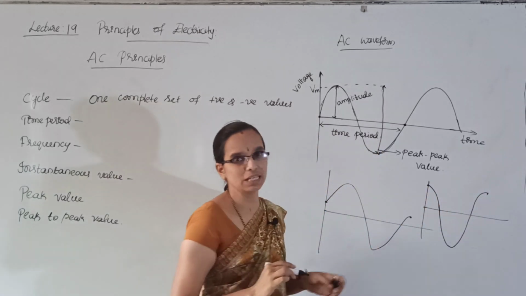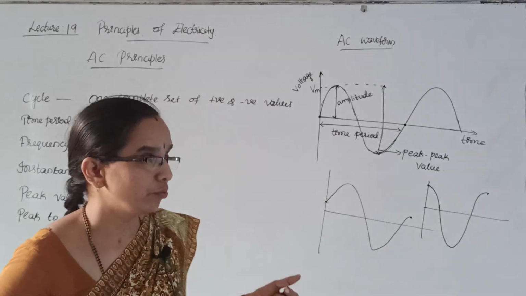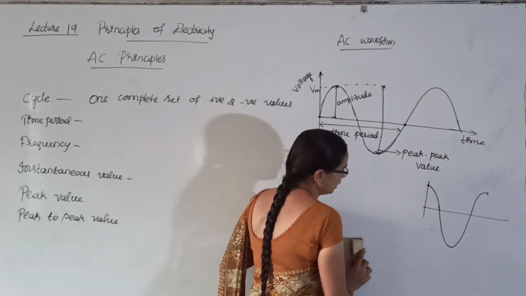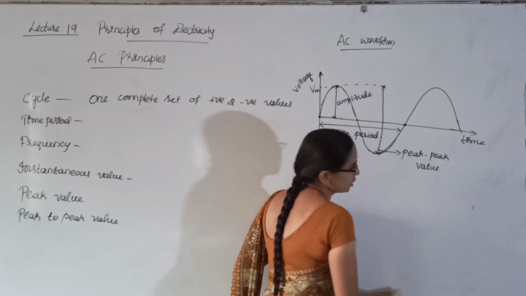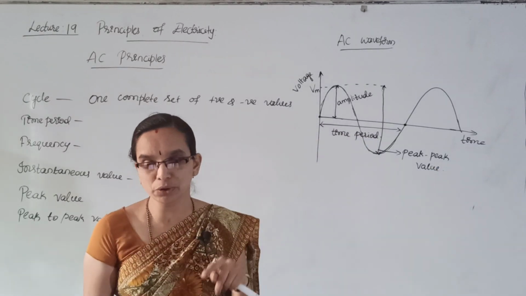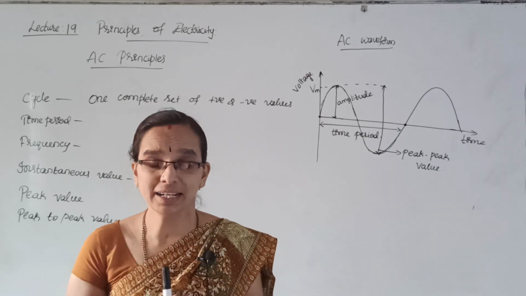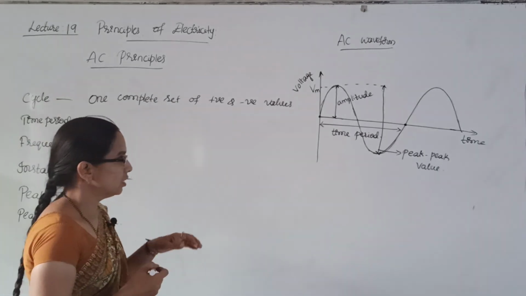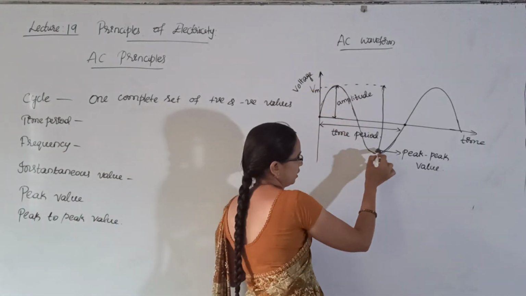This completes one cycle. You start from whichever point, it should complete the positive values, again reach 0, go to the negative peak and come back to the 0th position. So, this is nothing but one cycle.